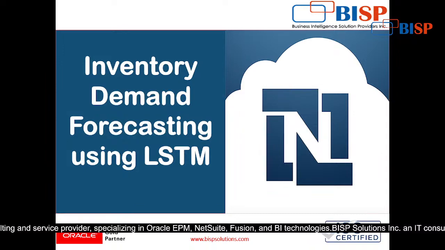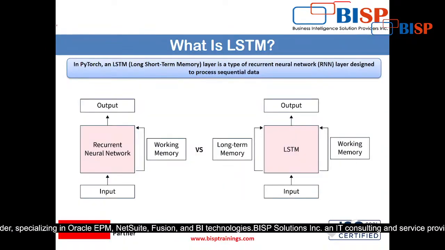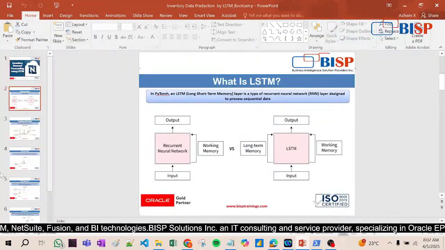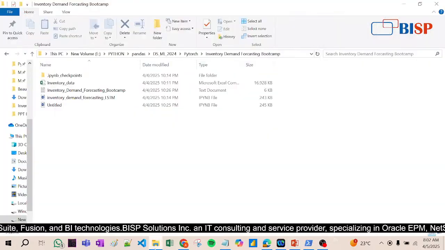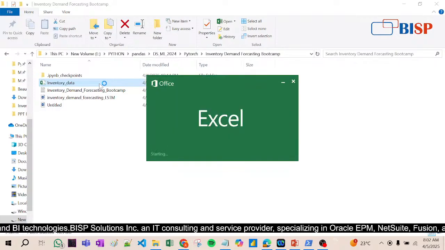right? Now what we will be taking here is the historical data, the historical sales data, right? For example, let me show you this. Here is inventory data, right? This is the historical sales data. Let me open this and show you. Just a second.